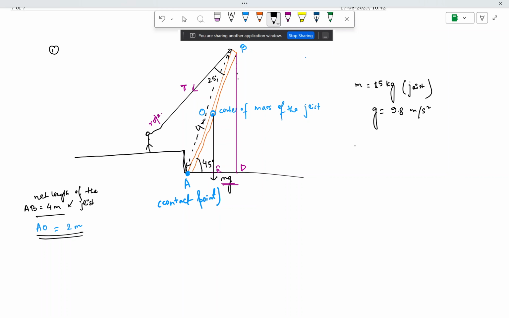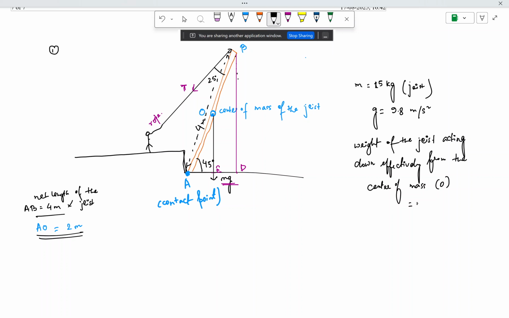So this weight of the joist acting down effectively from the center of mass point O is equal to mg, which is 15 into 9.8.